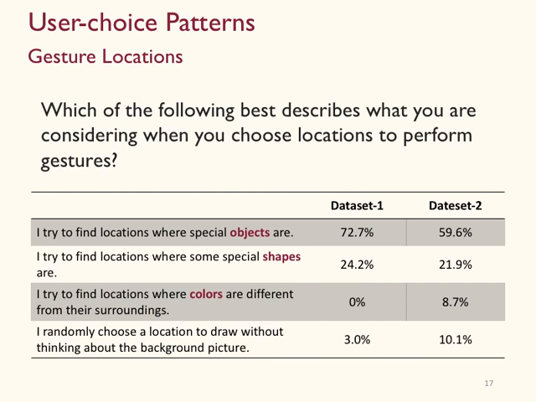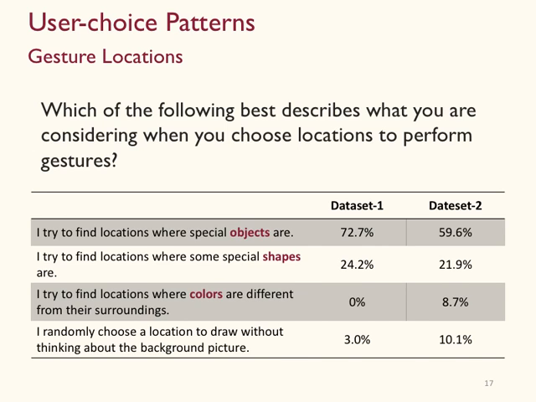We can see that in dataset 1, more than 70% of students said they were trying to find locations where some special objects are, like a face, like a car. Some said they were looking for special shapes, like a circle, and no one said color, but only 3% claimed they randomly chose a location to draw without thinking about the background picture.